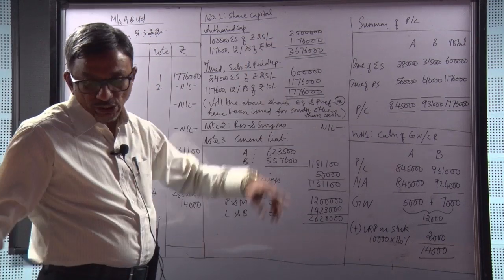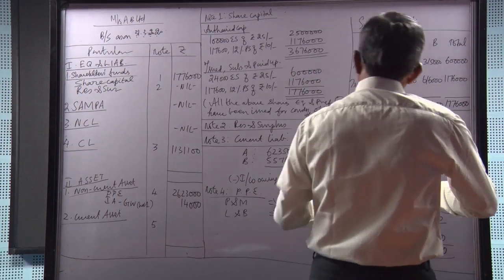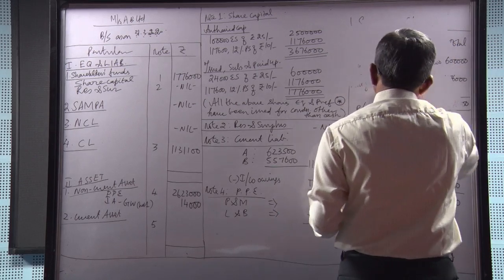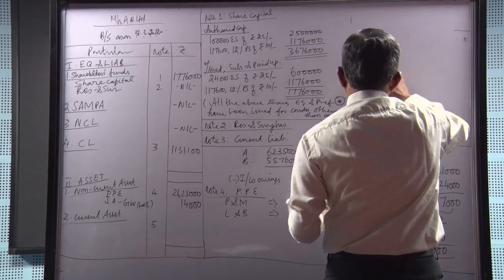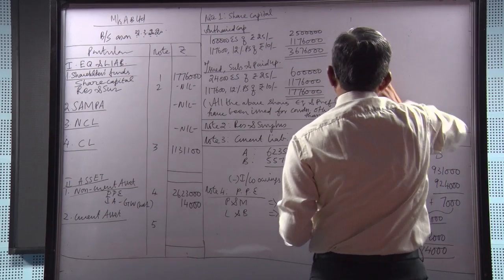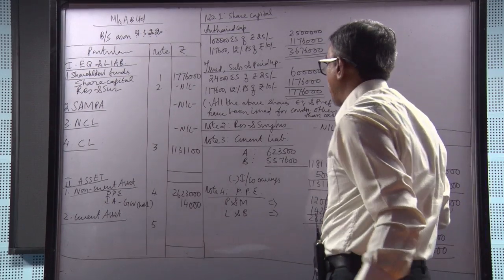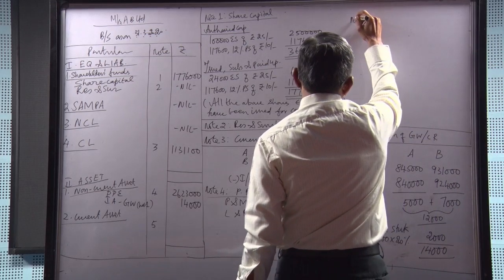Now finally we have to do the note for current assets. So I will do this in the place of summary of consideration, note number 5. Because we have to make some adjustments, better to show it in the note. Note number 5, current assets.